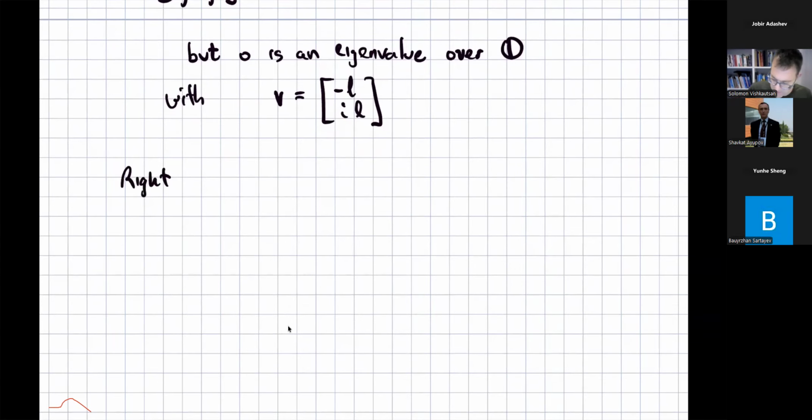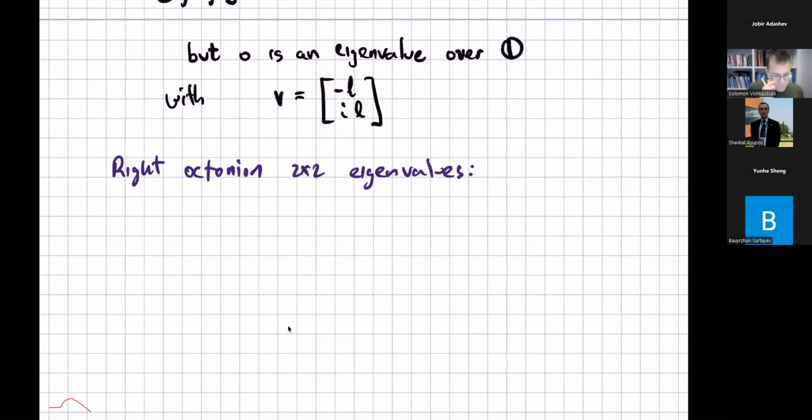So the next section is about right octonion eigenvalues. This is from work in progress.